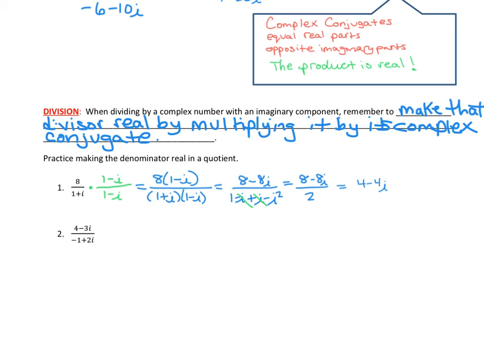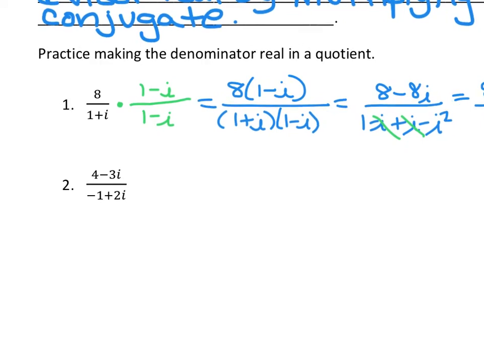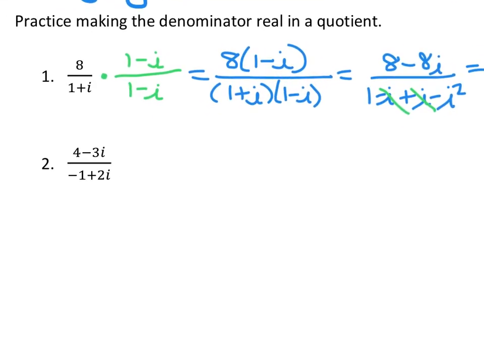All right, let's take a look at something a little bit more complex here. So I've got 4 minus 3i divided by negative 1 plus 2i. When we have that complex number in the denominator, we're going to multiply that denominator, as well as the numerator, by the complex conjugate. The real part is the same, and the imaginary part is opposite.